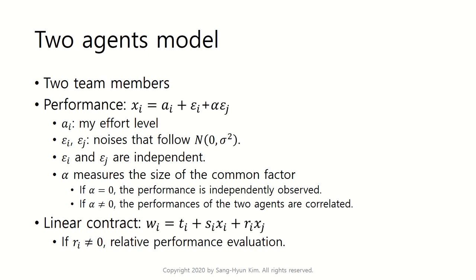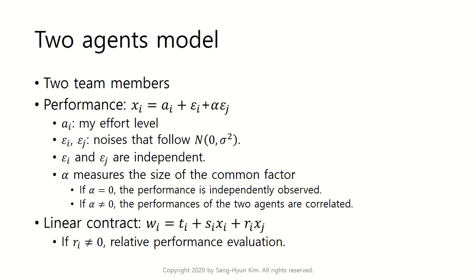If alpha is not 0, that means the performances of the two workers are correlated, right? If alpha is positive, the performance measures are positively correlated. If alpha is negative, the performance measures are negatively correlated.